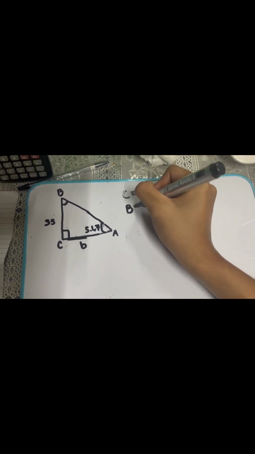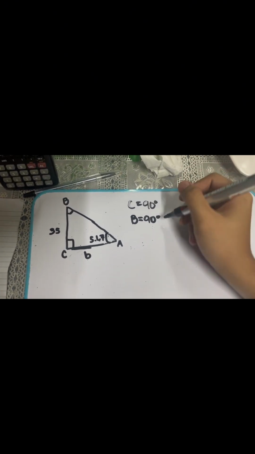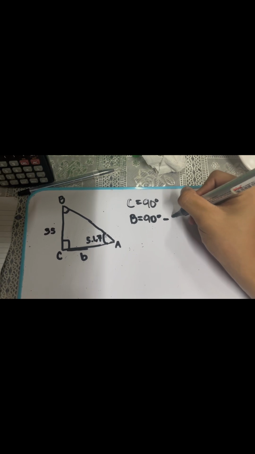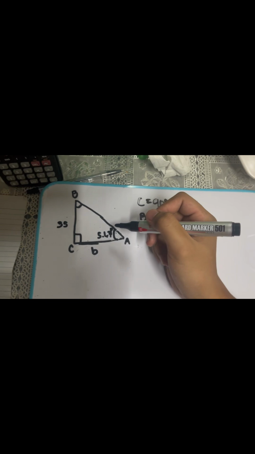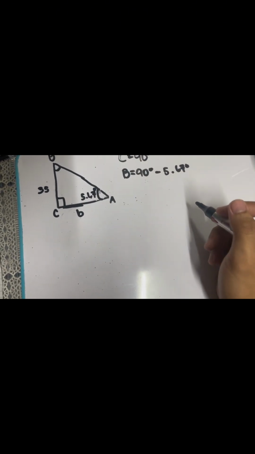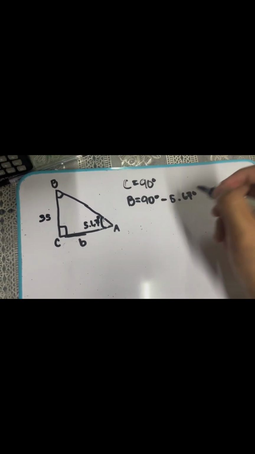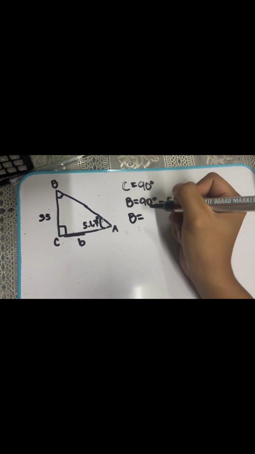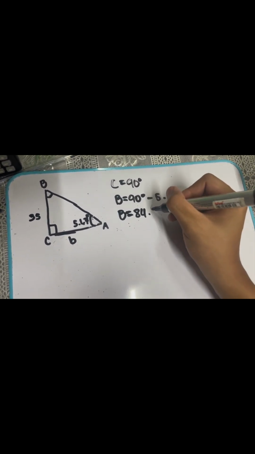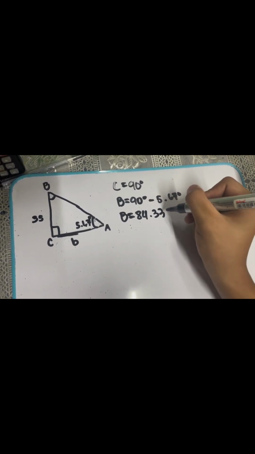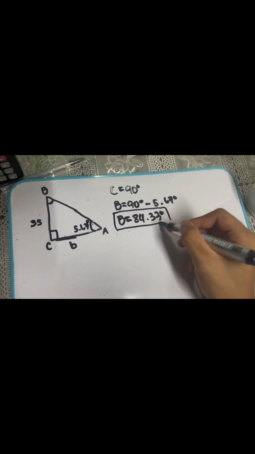Our big letter B is gonna be 90 degrees minus 5.67 degrees, which is B equals 84.33 degrees. So that's gonna be our opposite angle, or big letter B.